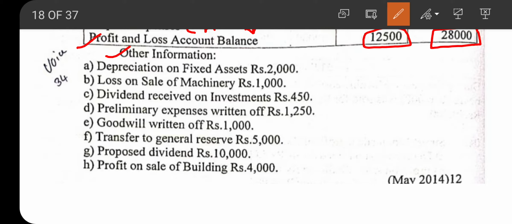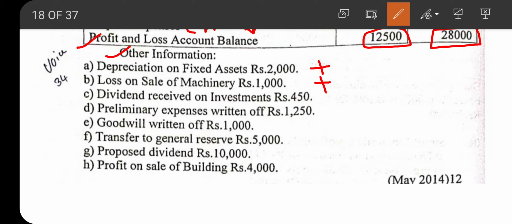Whatever the additional information given, you need to categorize it into non-operating activities and operating activities. Depreciation on fixed asset is a non-cash expense which you need to add to the closing balance of profit and loss account. Loss on sale of machinery is also a non-cash item, you need to add it to the closing balance.